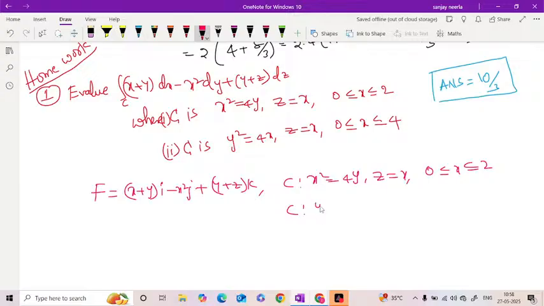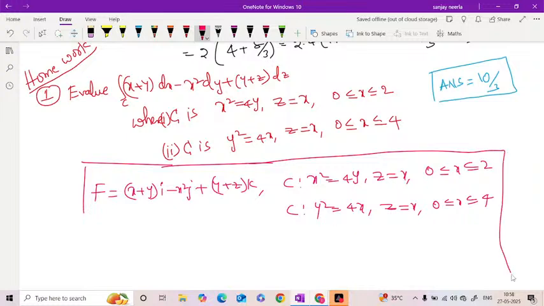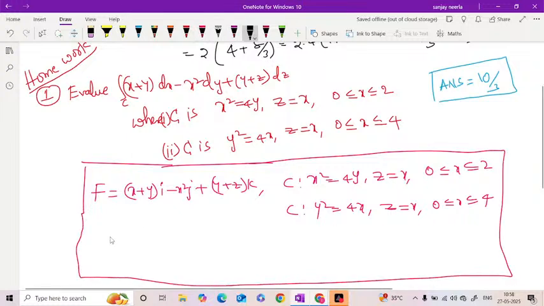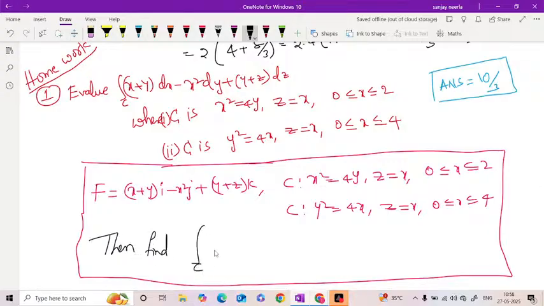The second one is y square equals 4x and z is equal to x, and x is between 0 to 4. They will give the question like this also. Then find the line integral of f dot dr.